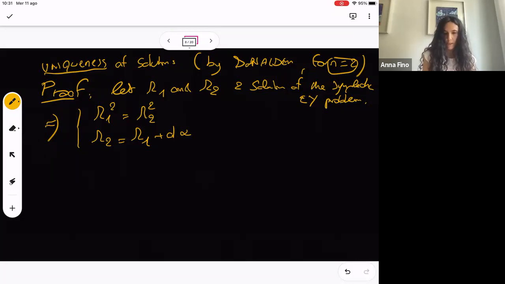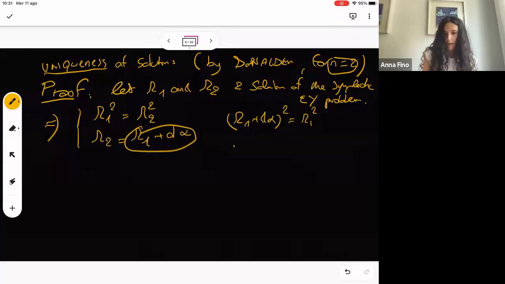This is just a computation: if you put omega 1 plus d alpha wedge square equal to omega 1 square, omega 1 square goes away, and you just get d alpha wedge d alpha plus 2 omega 1 wedge d alpha equal to 0.